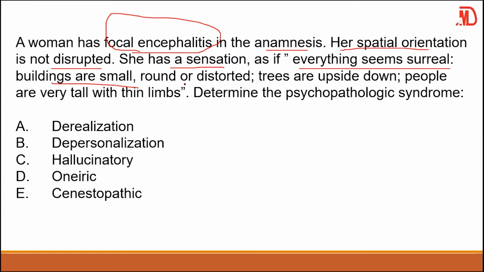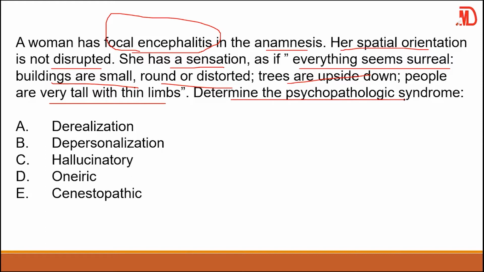Buildings are small, they are round or distorted, trees are upside down, people are very tall with thin limbs. What sort of psychopathologic syndrome is it? Of course, we are looking at derealization. And the word derealization is simply a feeling that one's surroundings are not real.